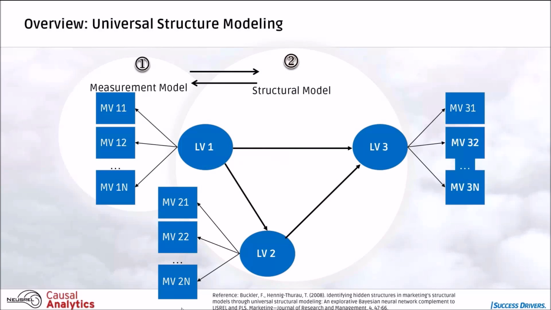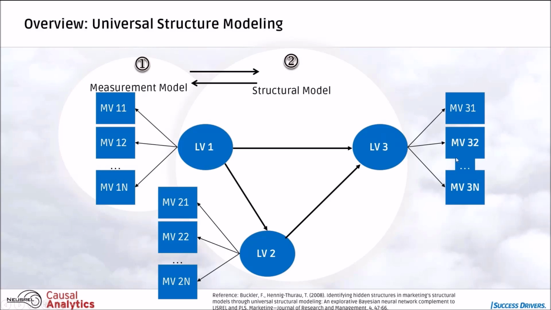And this is done in an iterative way, because once we have the values for the latent variables, for instance, latent variable 1 and 2, we can estimate new values for LV3. If I have these new values of LV3, I can compute new estimates for the measurement model.